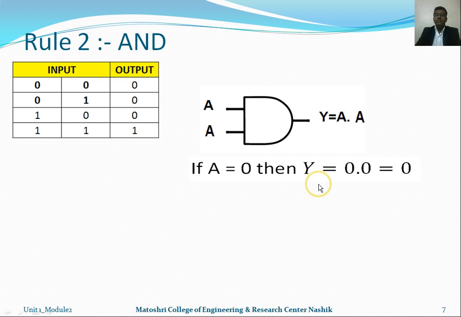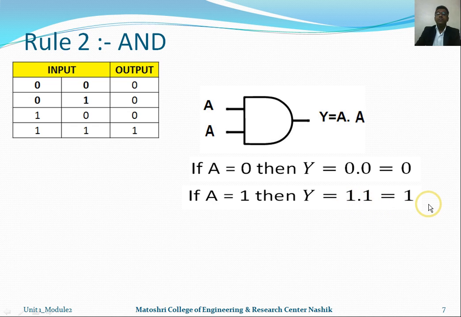It becomes 0 AND 0, and we get the output as 0, like in the truth table. If both inputs are 0, the output generated by the AND logic gate is 0. Similarly, if the A value is 1, then the output is again 1 ANDed with 1, which becomes 1.